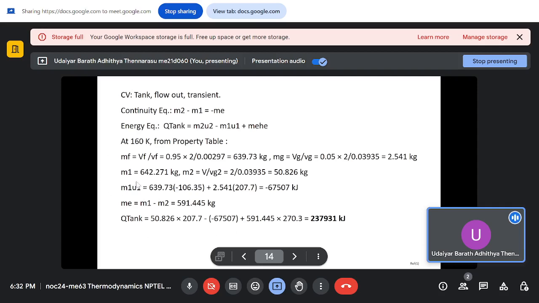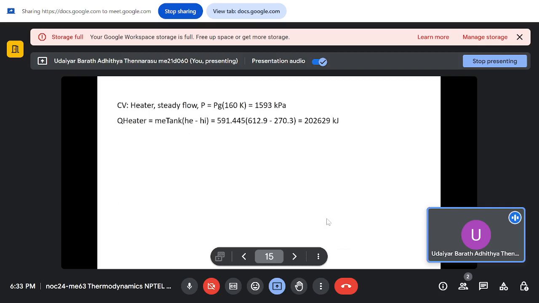So for the heat transfer, you again apply the energy balance and substitute there. At state 1 it is known, mass at state 2 is known, and the enthalpy which is coming out is known. So substituting that, we will find the heat transfer is 237931 kilojoule. So this is the amount of heat which is transferred to the cylinder.